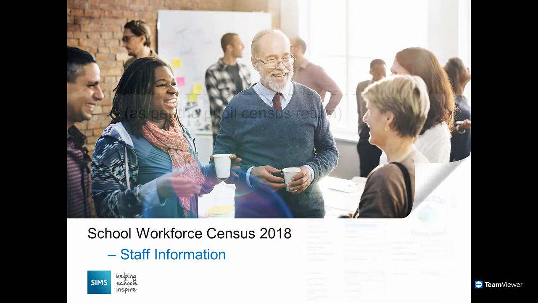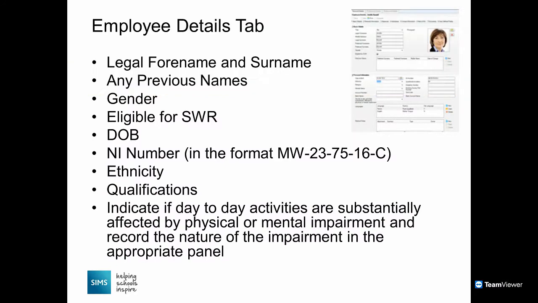Now, in terms of getting your staff information ready, it's a case of going Focus, Person, Staff and opening up each member of staff eligible for inclusion within the SWR, making sure they've got a tick in eligible for SWR, and ensuring that the legal forename and surname, any previous names, date of birth, and NI number match those in the payroll service.